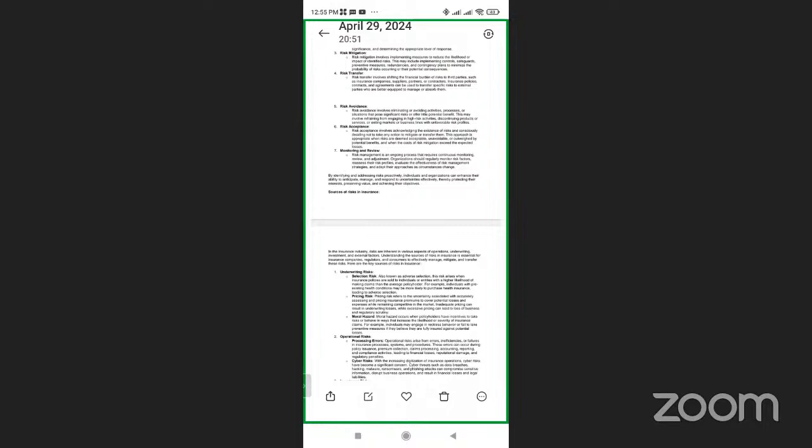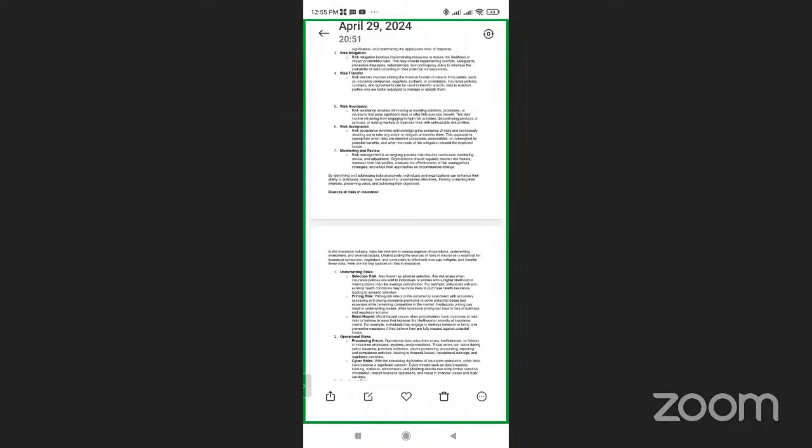Similarly, moral hazard. Moral hazard basically involves the reckless behavior or careless attitude of the individual. If the individual knows that insurance is there, he thinks, if loss occurs, the insurance company will give me.